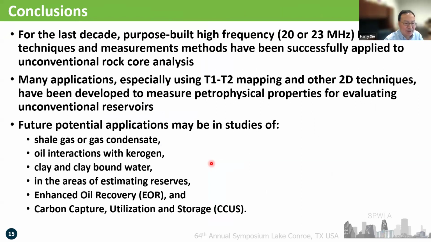I started in Colab in 2012, and I introduced high frequency NMR into this field. For the first few years, people recognized the uses, but nowadays people understand this is the best method to do shale analysis. So at the OTEC conference, they set up a session called high or low frequency NMR because of that. We see a lot of applications using the so-called T1, T2, 2D mapping to do a lot of petrophysical property measurements or evaluations.